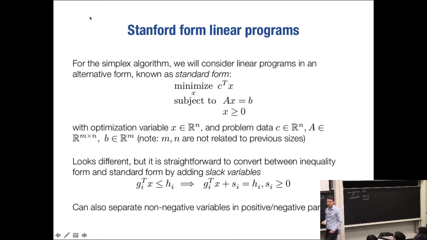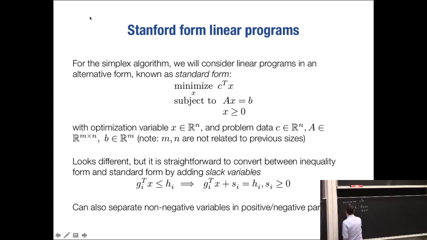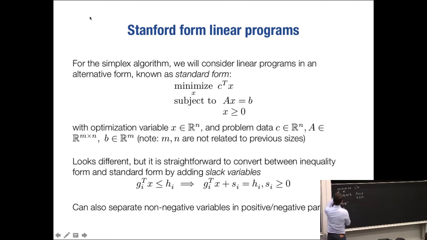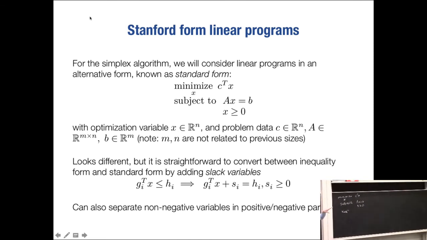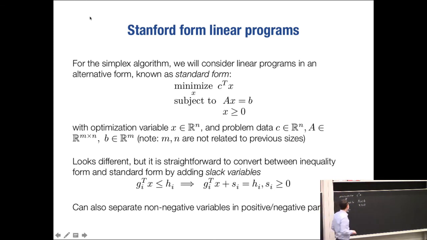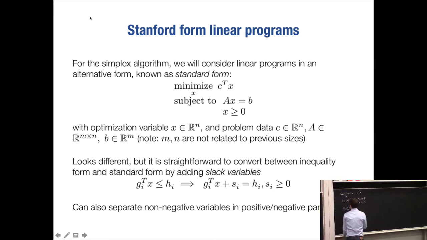Where, again, x is a vector in R^n. These sizes are not the same as before. I'm just going to use m and n to describe the size of matrices, period. They're actually different from the sizes of those matrices up there in inequality form. A is a matrix which is m by n, and b is a vector in R^m.